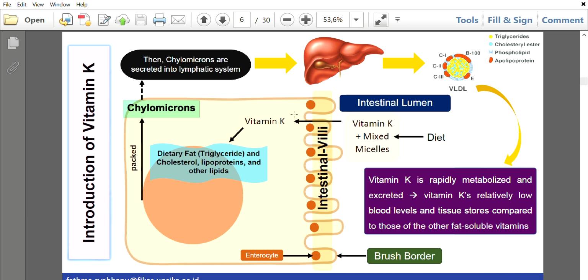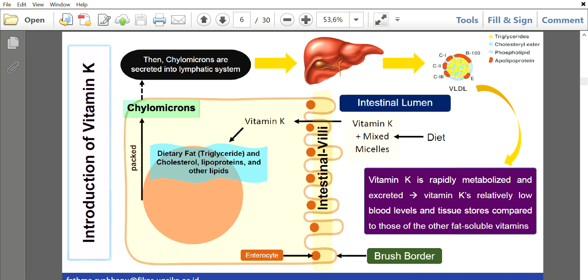Next, the vitamin K will be repackaged along with dietary fat, cholesterol, and apolipoproteins to form chylomicrons.